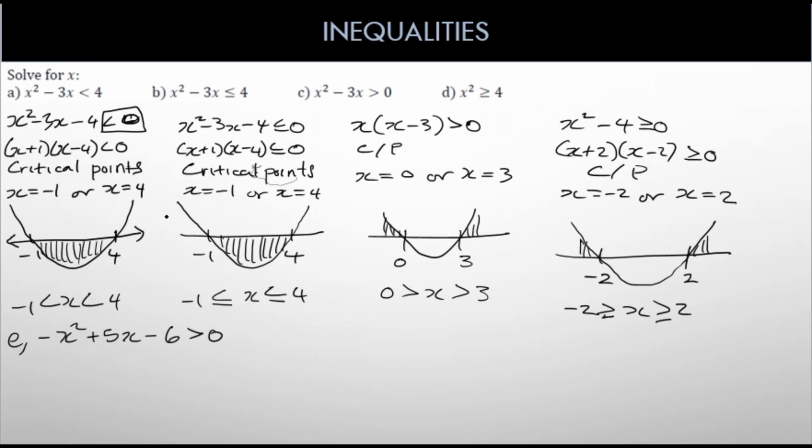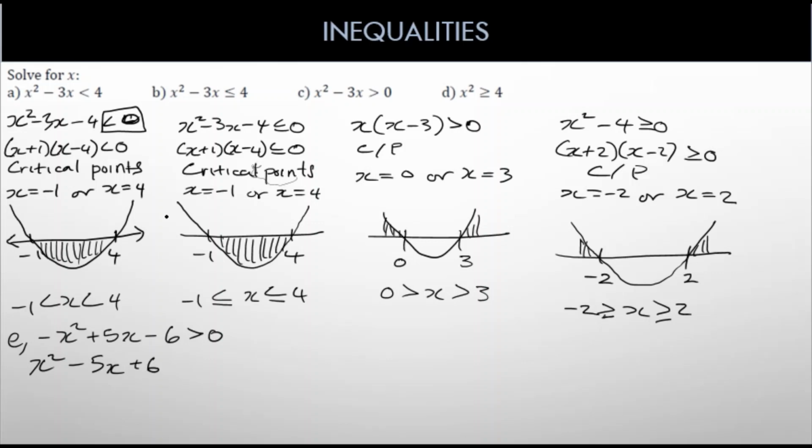So what do we do in the case where our leading term has a coefficient which is negative? We are going to divide by negative across. So now meaning that this negative divided by negative is x squared minus 5x plus 6.